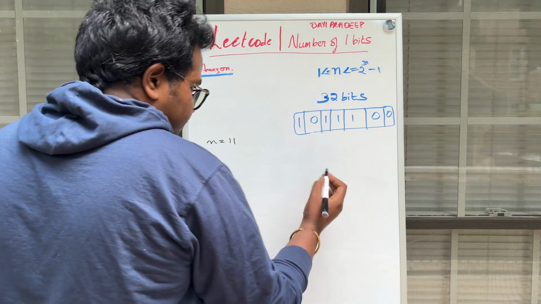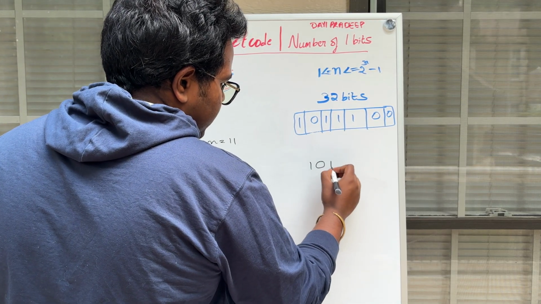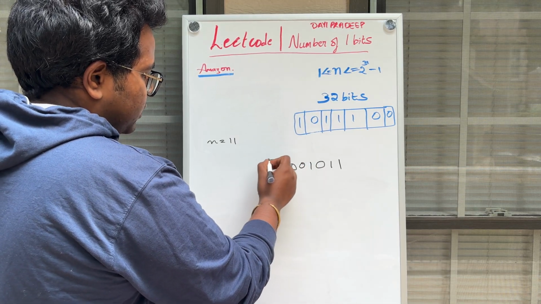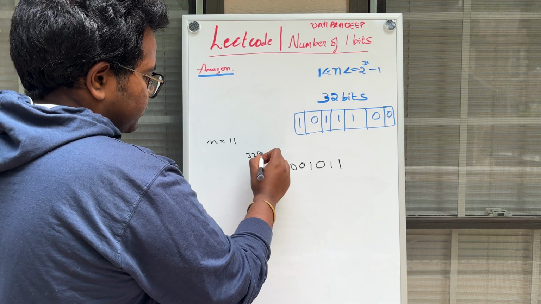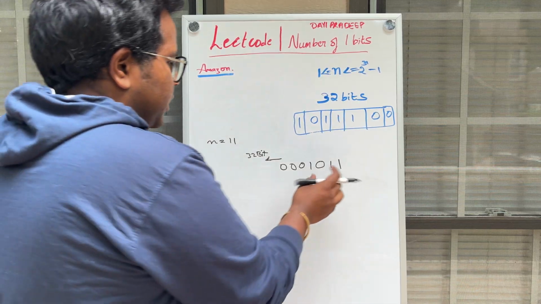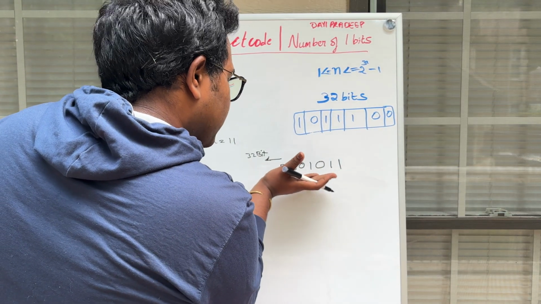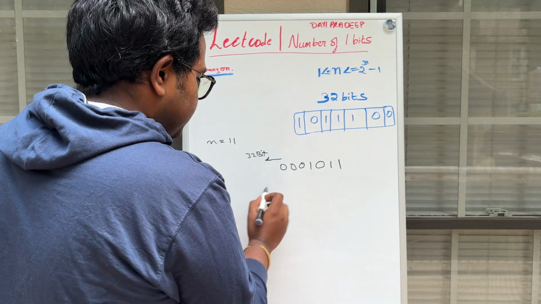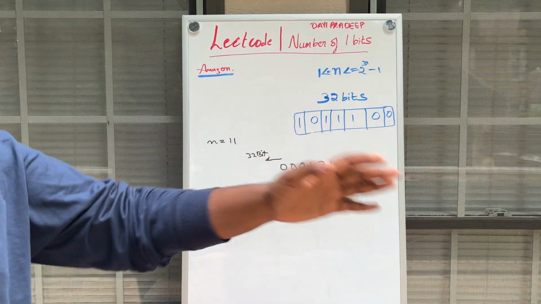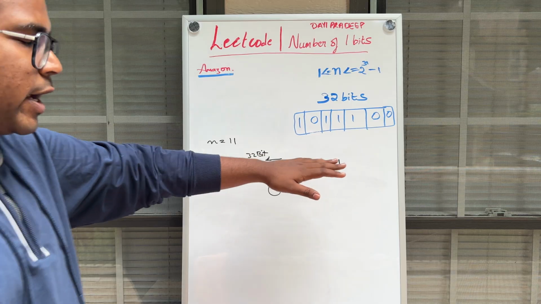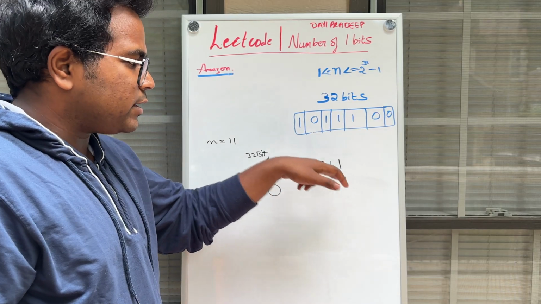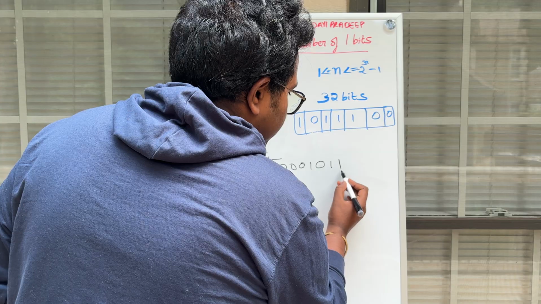It is 1 0 1 1, and I'm going to have zeros up to 32 bits. Here my approach is that I'm going to shift all these bits until n becomes 0, and every time, before that, I'm going to do an AND operation with 1 to figure out whether a 1 is present at this position.